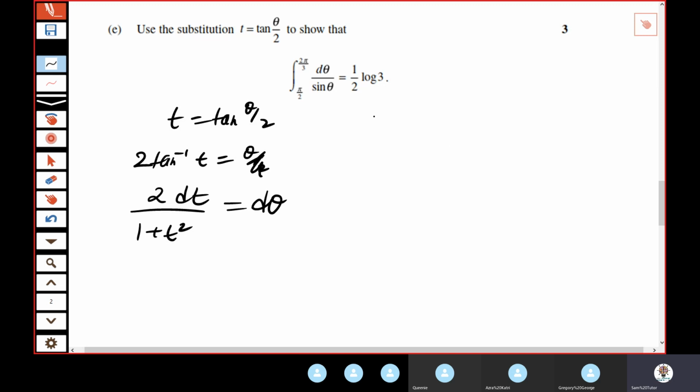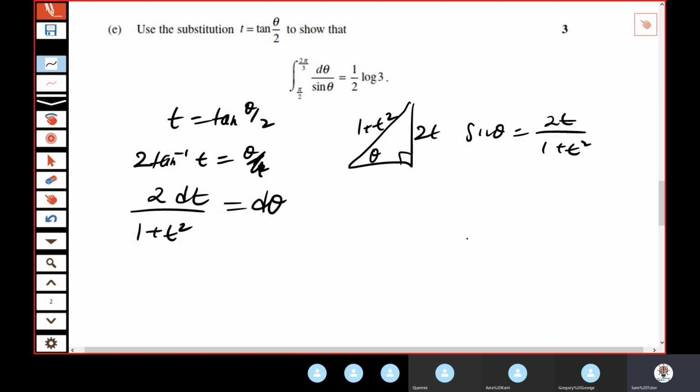From that, you know what sine theta is using your triangles. Sine theta is opposite over hypotenuse, so sine theta is equal to 2t on 1 plus t squared. And I think the last thing we've got to do is just change our limits, and then we're done.